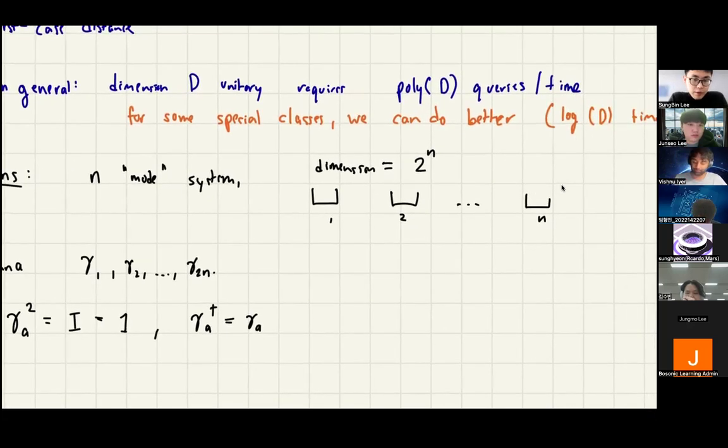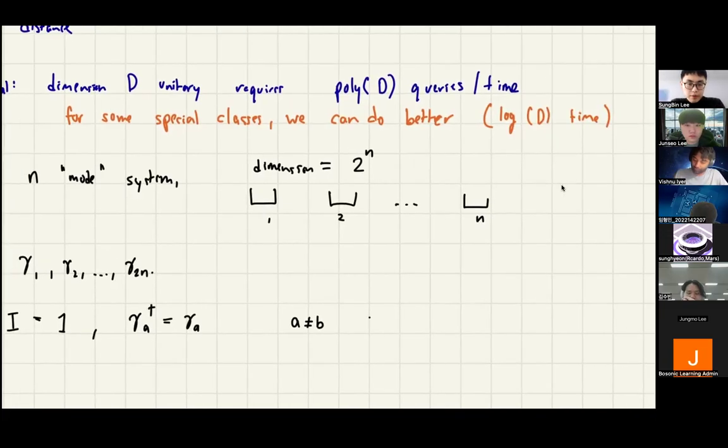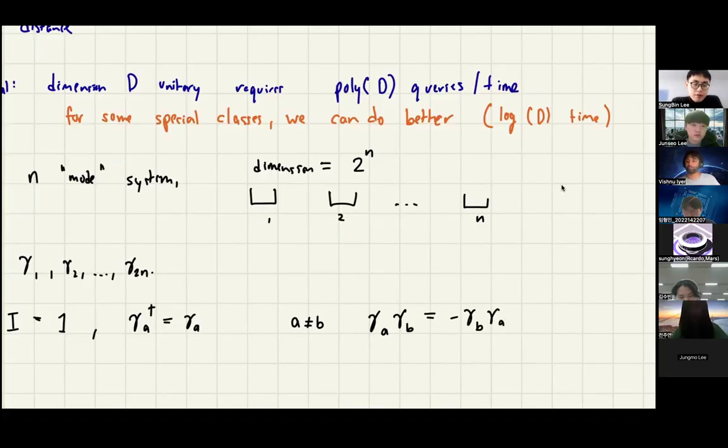And let's set A not equal to B. You have this fermionic canonical anti-commutation relation, which means that gamma A times gamma B is equal to the negative of gamma B times gamma A. Okay? So these are called the fermionic canonical commutation relations, or CCRs.